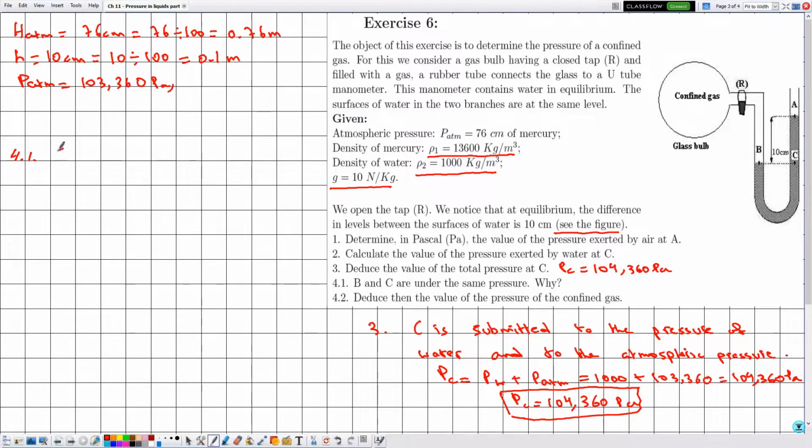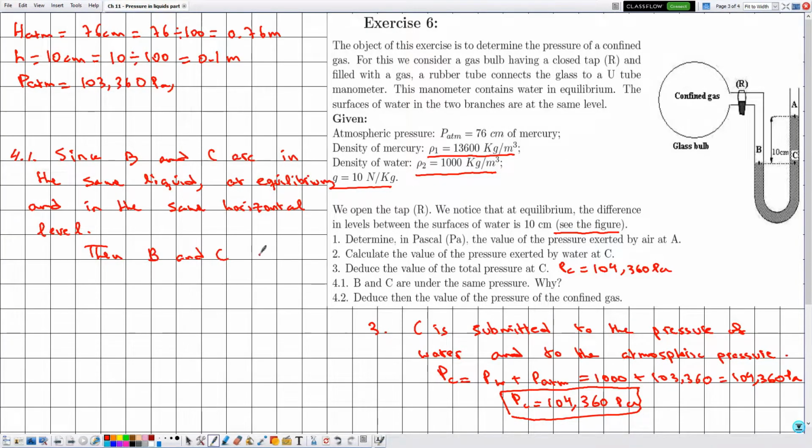So let's say that since B and C are in the same liquid, at equilibrium, and in the same horizontal level, then B and C are submitted to the same pressure.